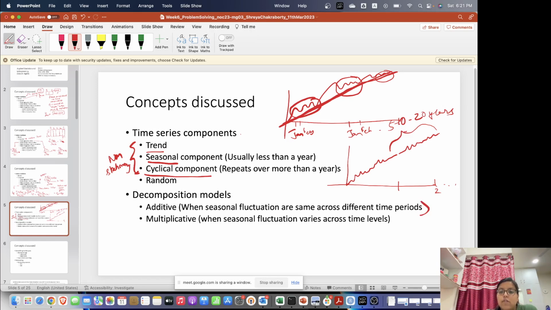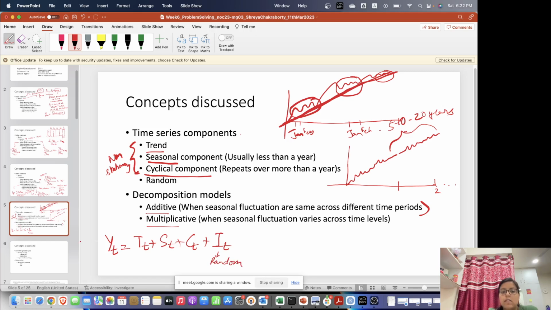So two kinds of models we learned about. One was the additive model and one was the multiplicative model. So the additive model was trend plus seasonality plus cyclical component plus irregular component, or this is the random one.